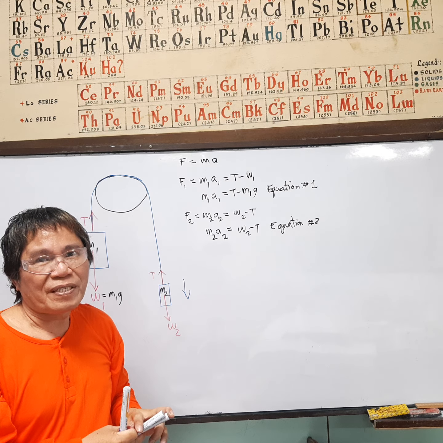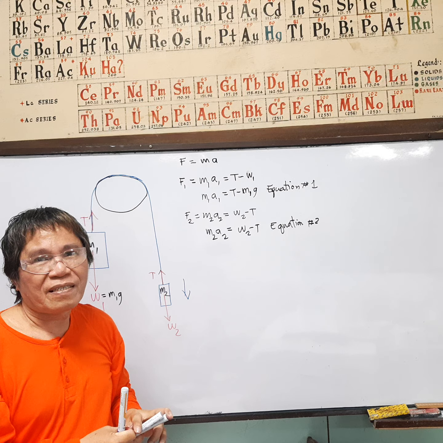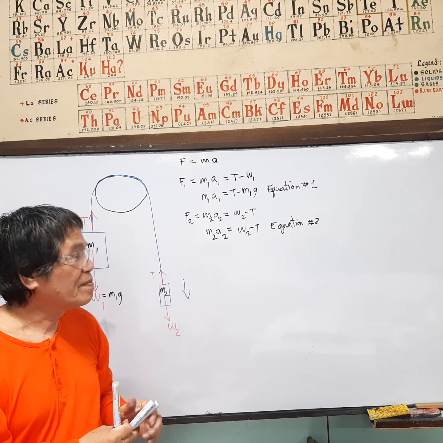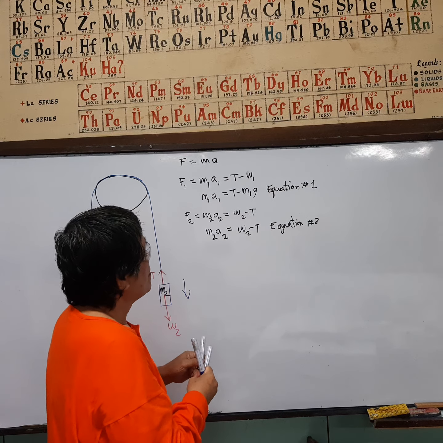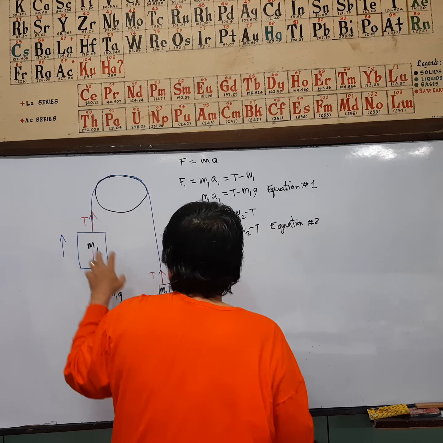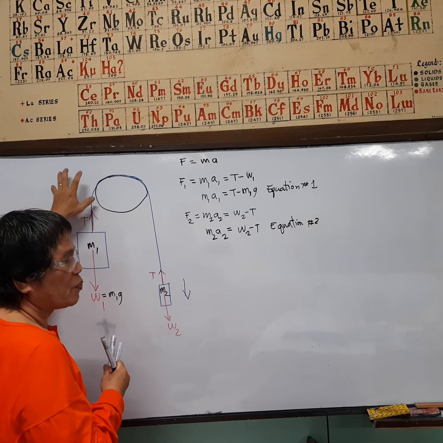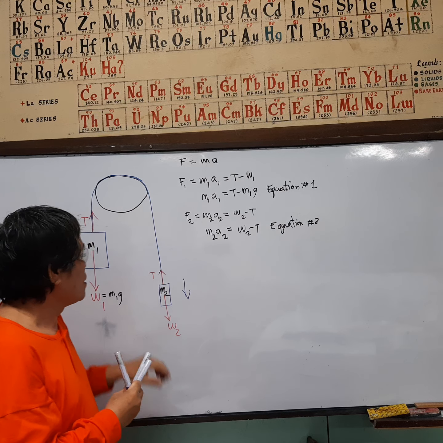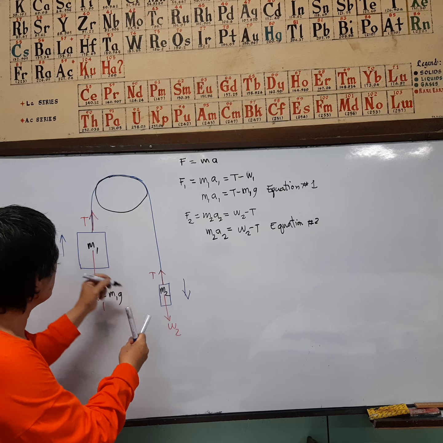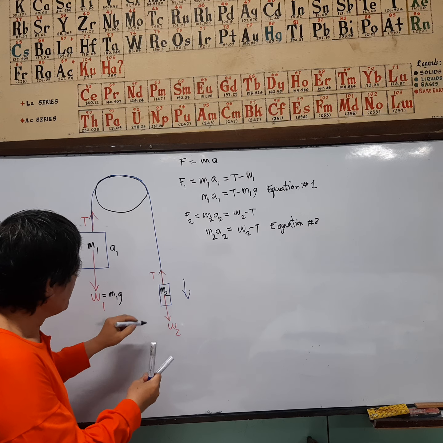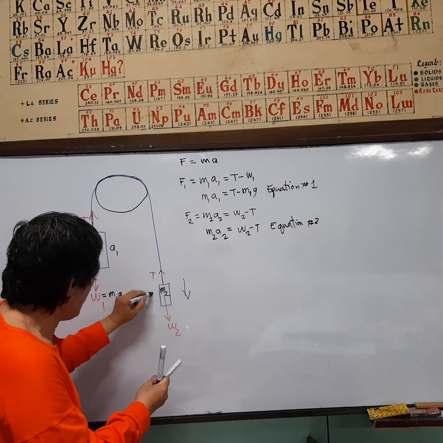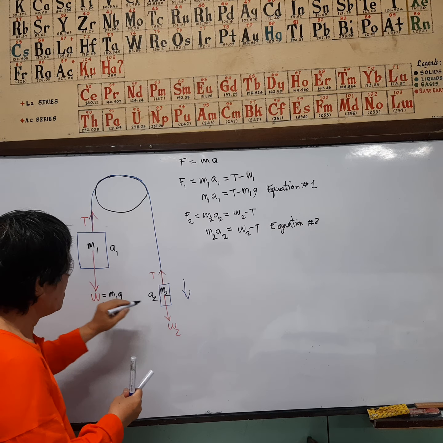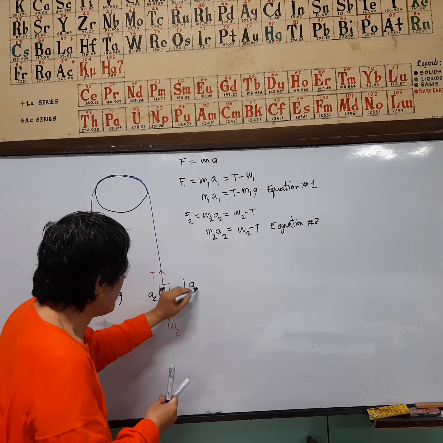So we have 2 equations now. Let us go further in our analysis. This object is moving upward with an acceleration. This object is moving downward with an acceleration. The acceleration of this object here is A1. The acceleration of this object here is A2.